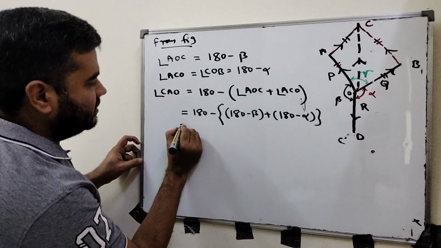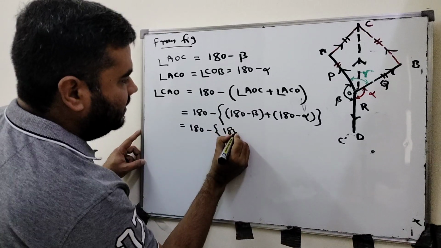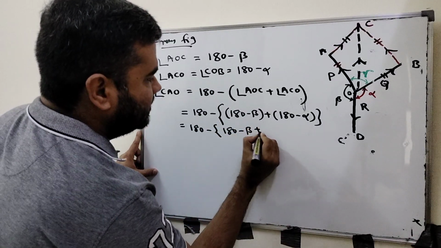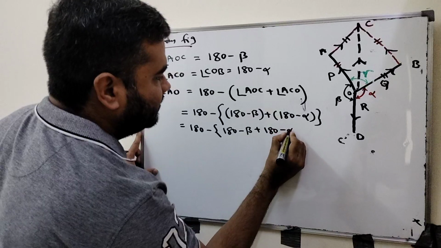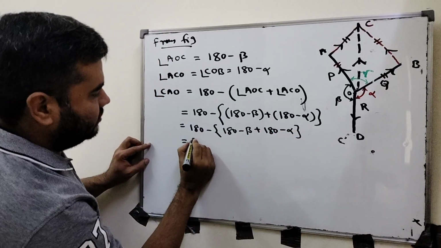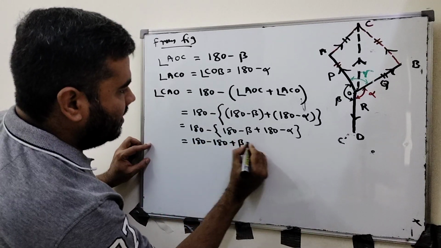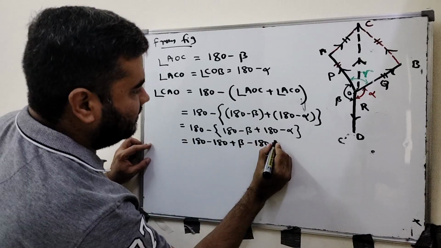Now how much will you get? 180 minus (180 minus beta plus 180 minus alpha). Just simplify. So you get 180 minus 180 plus beta minus 180 plus alpha.